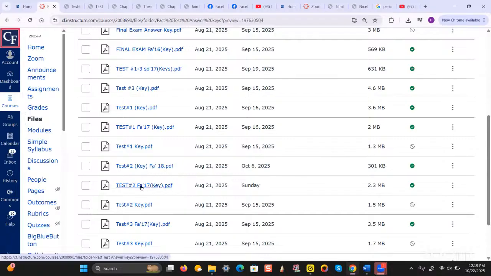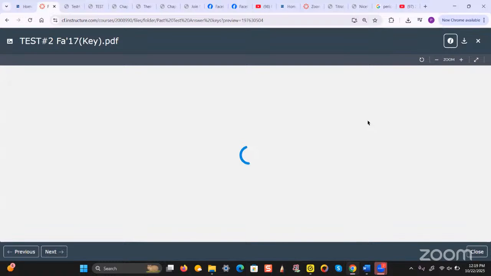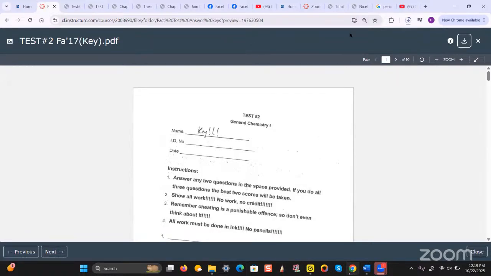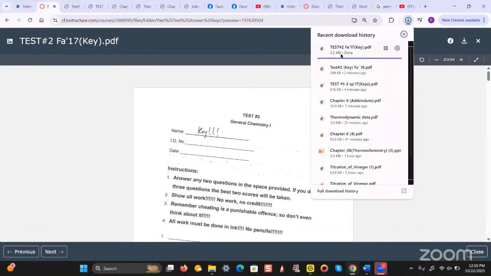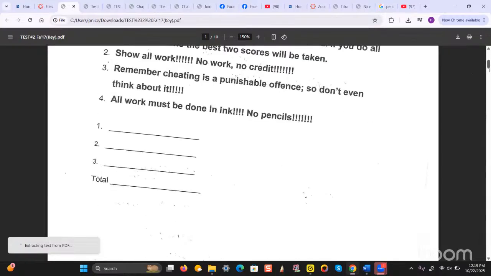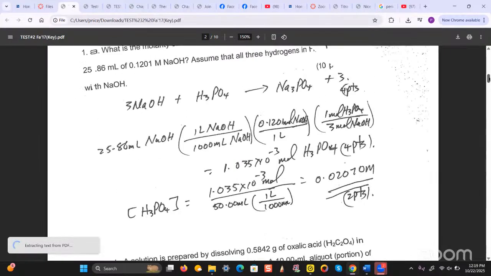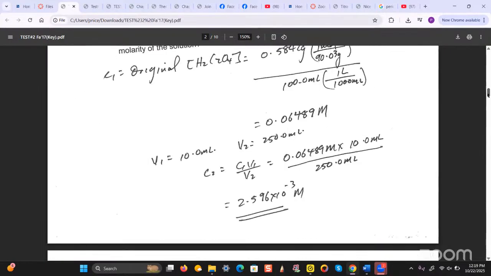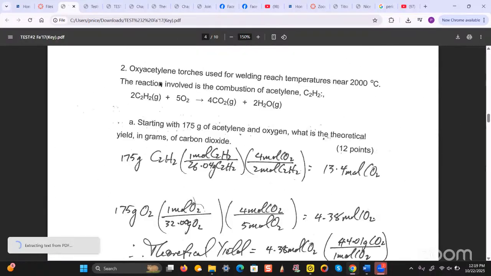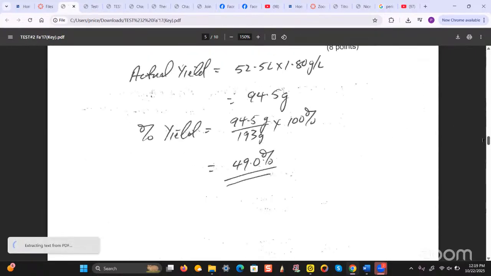Let me look at this one here. Okay, that would be a good one for you to look at as well. Percent yield and all that good stuff.